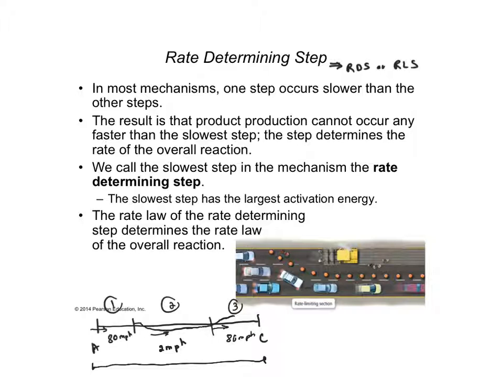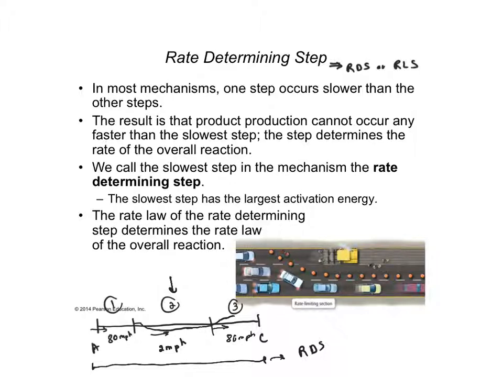So imagine it takes you 5 minutes, takes you an hour, takes you 5 minutes. When you go from A to C, whose rate really determines your overall rate through that way? The second one, right? So overall, your rate in going from A to C is very similar to the rate of the rate determining step, or our second step in our reaction here, okay?